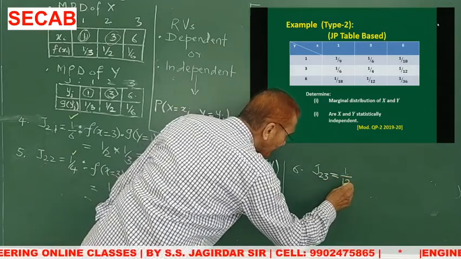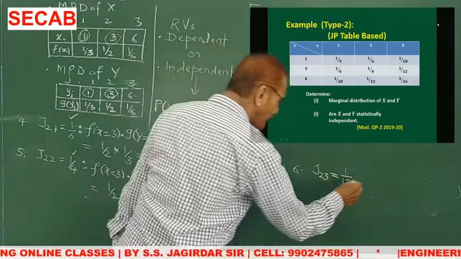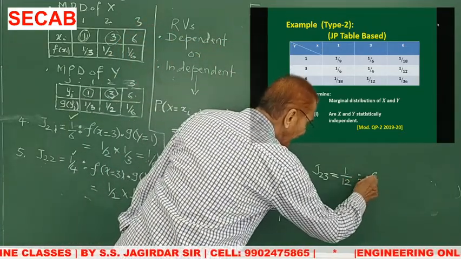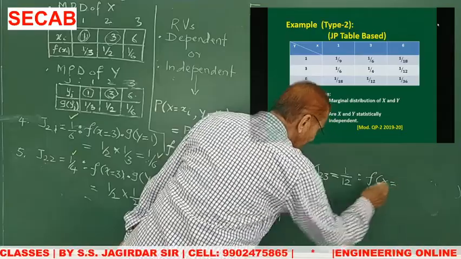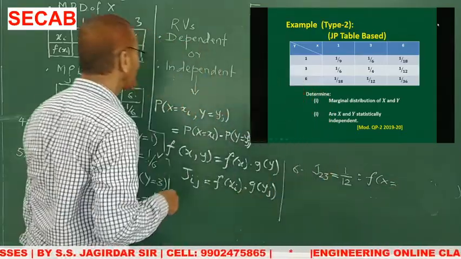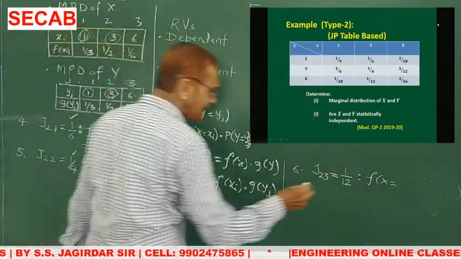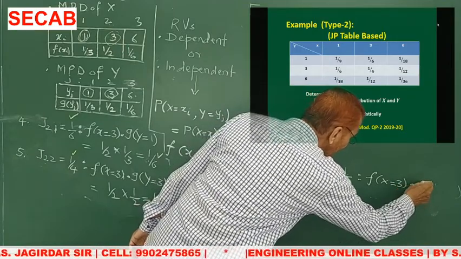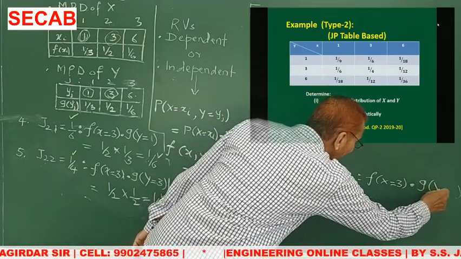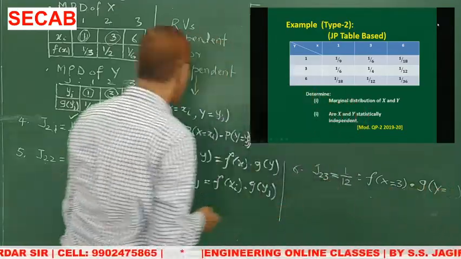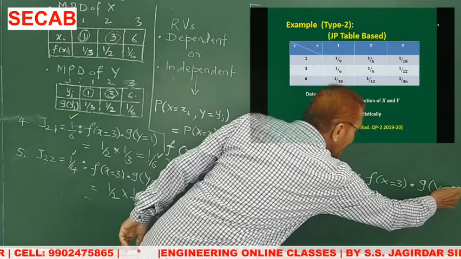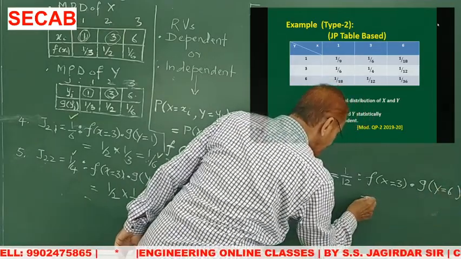This is the joint probability. Now we will take up the individual probabilities. f of x is equal to, when rank is 2, x is equal to 3, into g of y, when rank is 3, y is equal to 6.